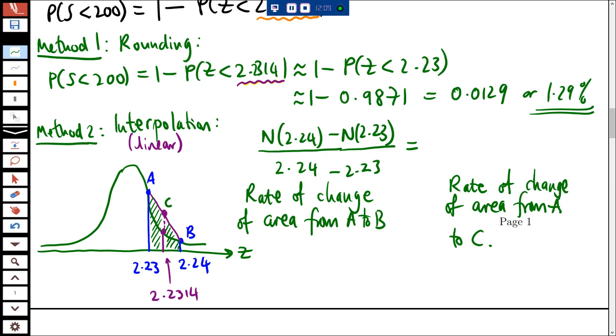So let's work out the change in area. So this is the shaded area going left and right. So the double shaded area. So the change is this, and for the rate of change, I need to divide by the length of the interval.